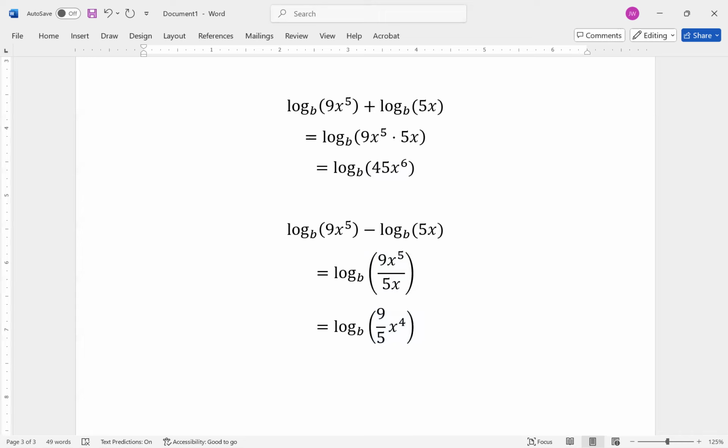You can rewrite 9/5 as 1.8 if you'd like. But that's the idea. So here we use the product rule. Here we use the quotient rule, and we had a variable inside of our argument. And this helps us out later when we're trying to solve logarithm equations or equations with logarithms.